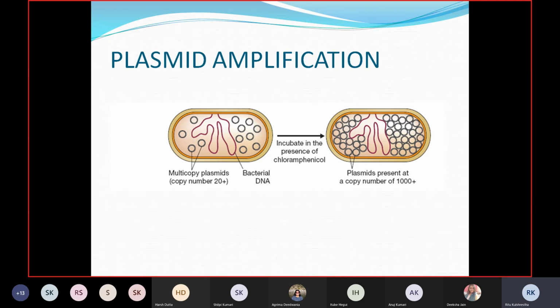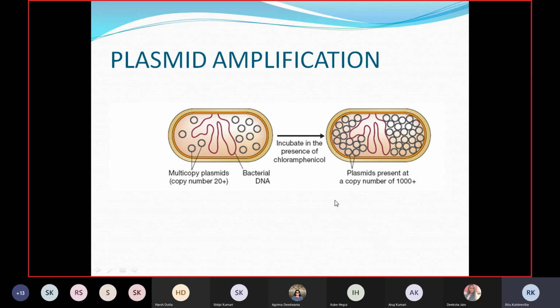Another way to control the copy number of a particular plasmid was by treatment with chloramphenicol. In this case, let's say there was one plasmid which is present at around 20 copies. You want to drastically increase the copy number to, let's say, around 1000 or 500 copies. So they have given a treatment with chloramphenicol.